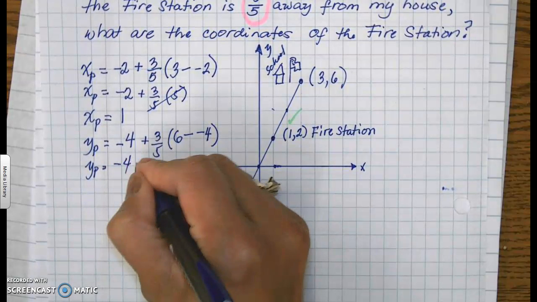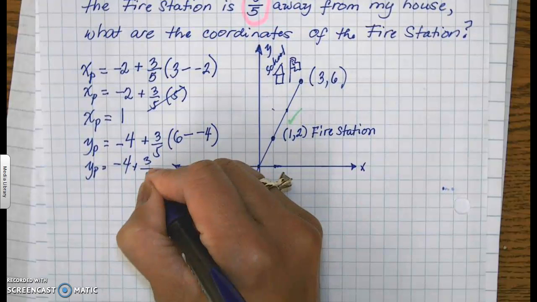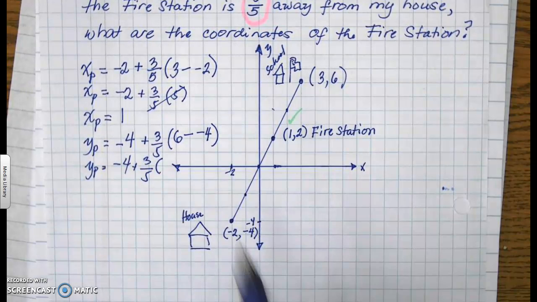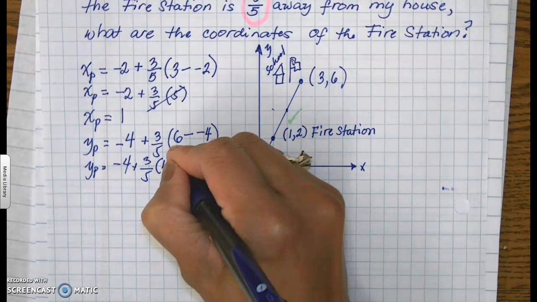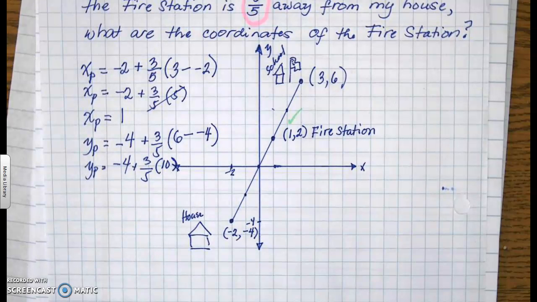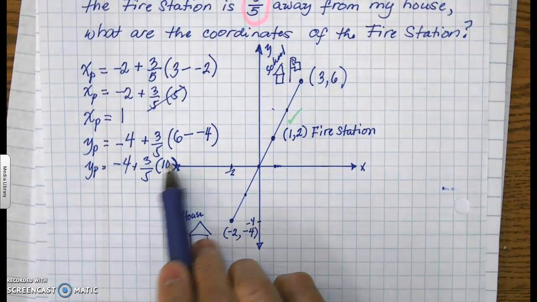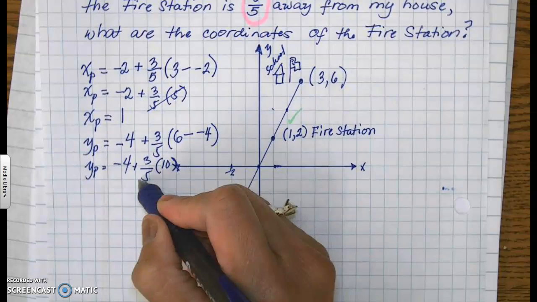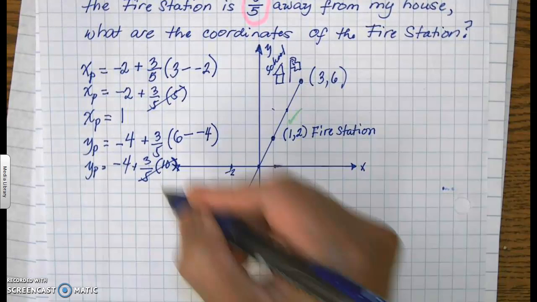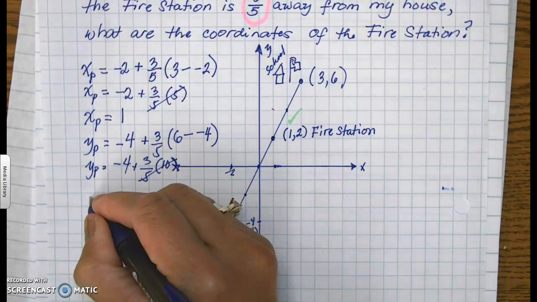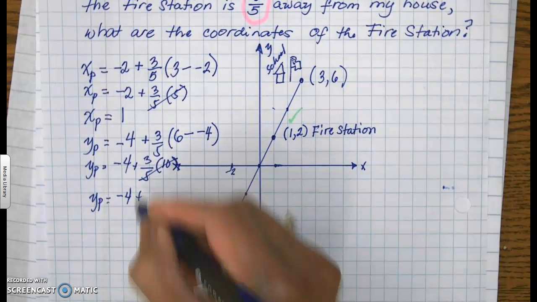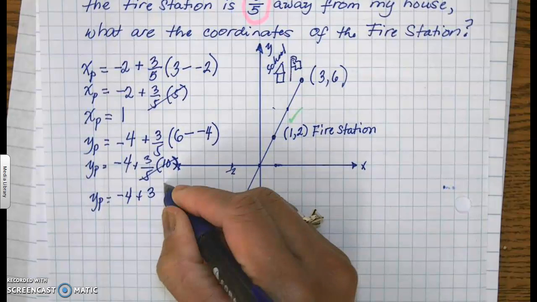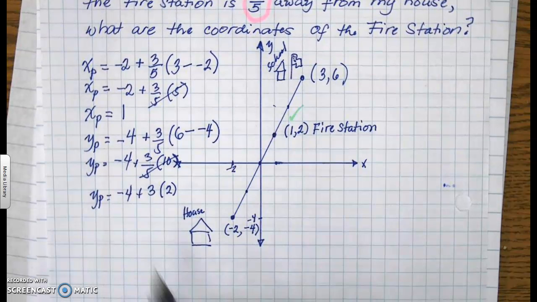Negative 4 plus 3/5. And 6 minus negative 4 is a 10. Okay. 10 on top and 5 below will give you a 2. So this will become yp equals negative 4 plus 3 with a 2 there, because 10 divided by 5 is a 2.